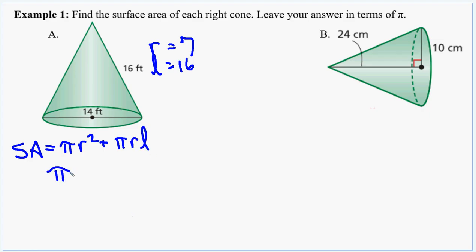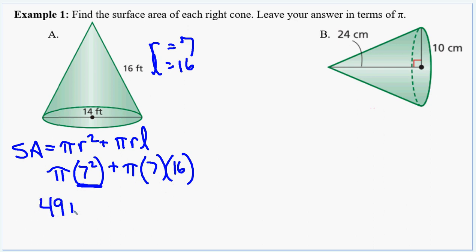Well, pi is just pi. And our radius is 7, so that's going to be 7 squared. And then we're going to add pi times R. R again is 7, and L is 16. So 7 squared is 49, and we multiply it by pi. 7 times 16 is 112, and we multiply that by pi.